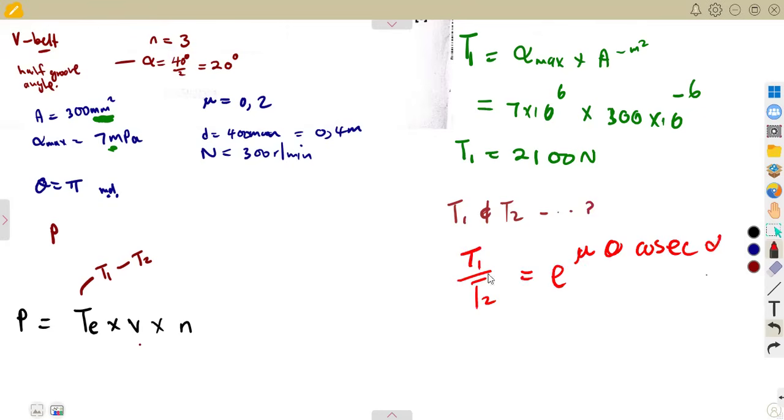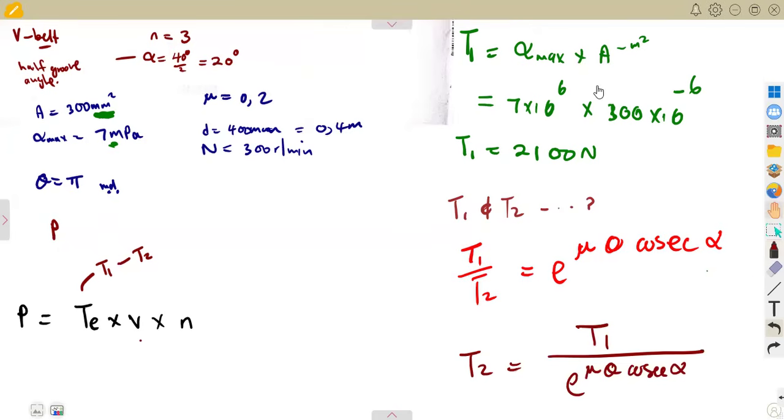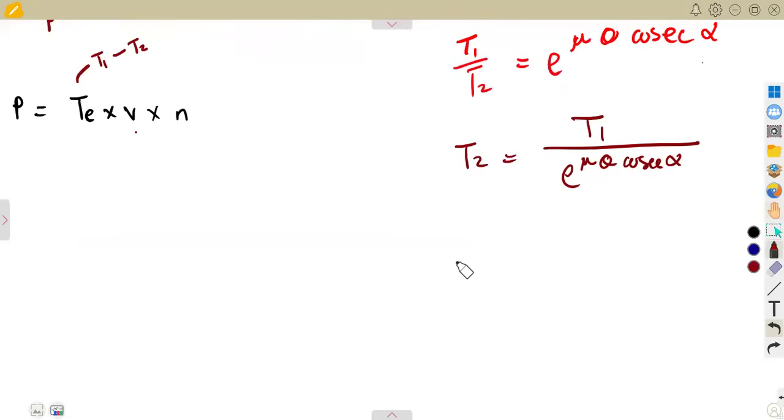Remember, cosec is 1 over sine. If we cross multiply and divide, T2 is given as T1 over e to the exponent of mu theta cosec alpha. So we can calculate our T2.